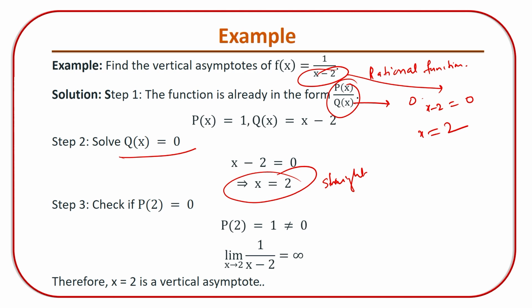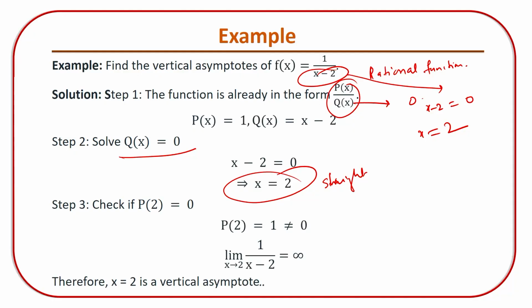And how can we ensure that x equal to 2 will be our vertical asymptote? The property of the vertical asymptote says that the curve going to infinity and the straight line which we claim is the vertical asymptote are going to merge with each other, right? So that means when x equal to 2 is here, when I put x tends to 2 from the left or from the right, the given function must be going to infinity.